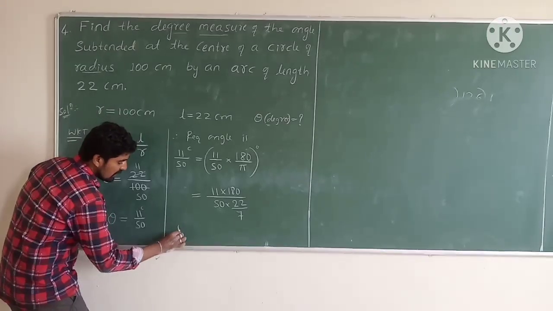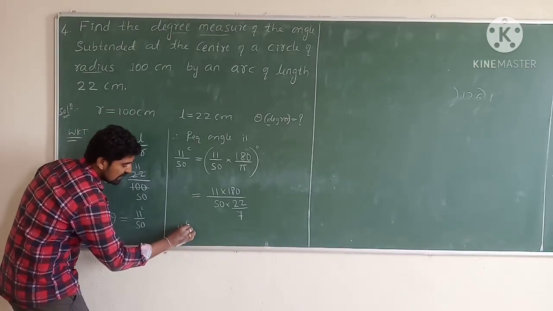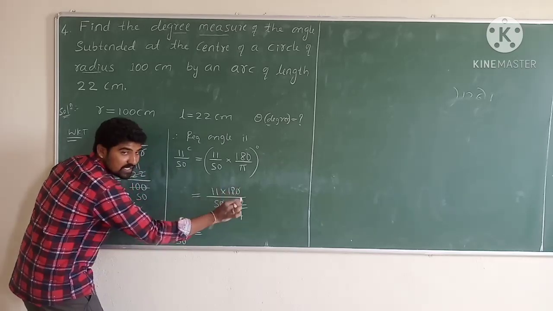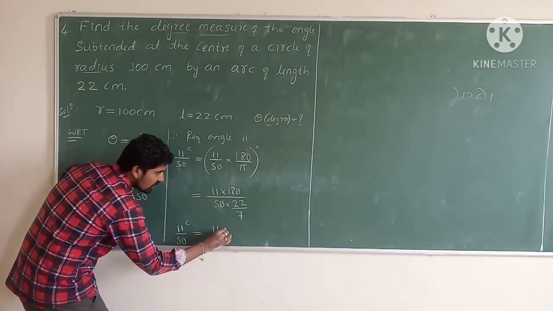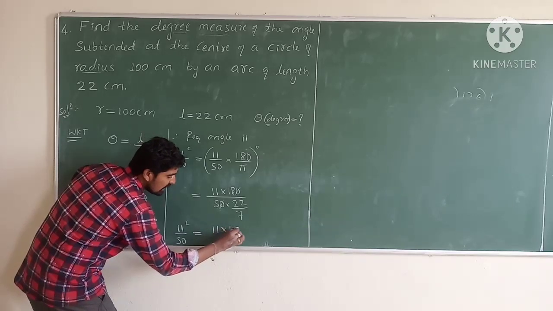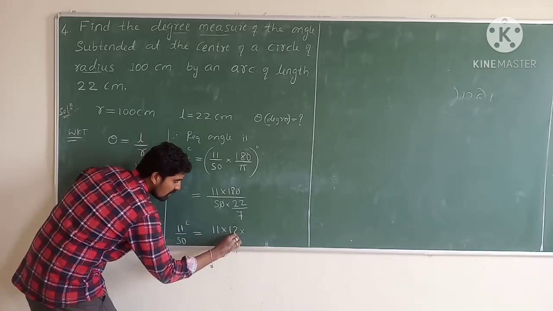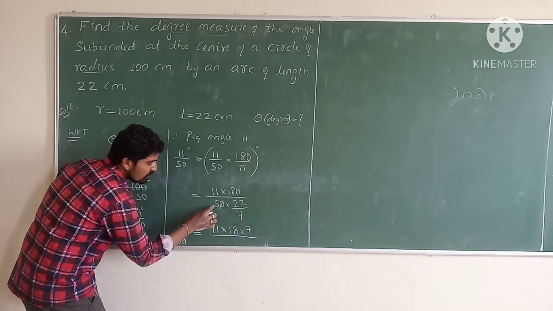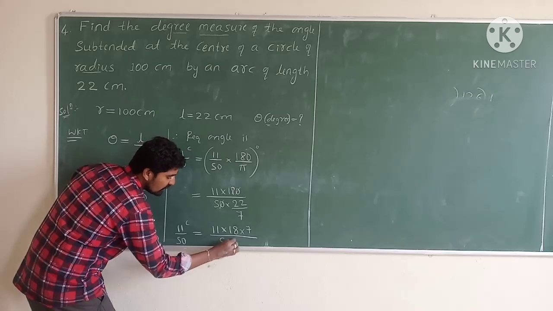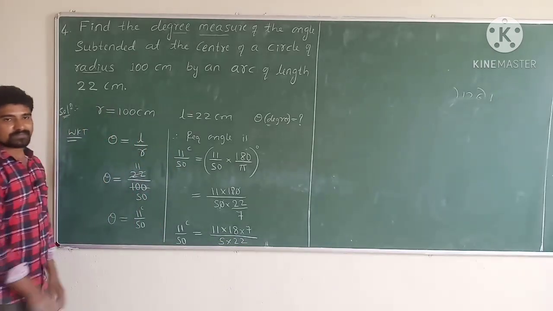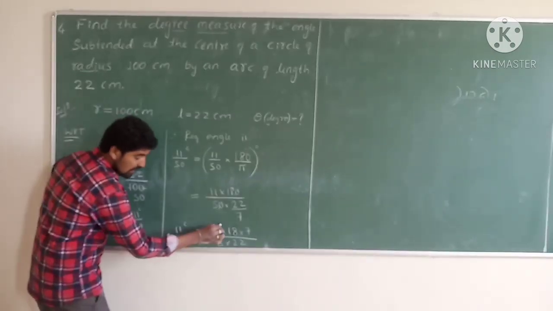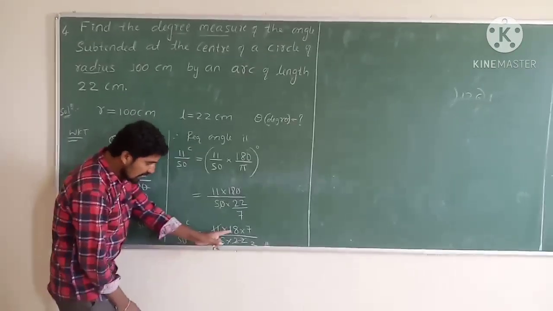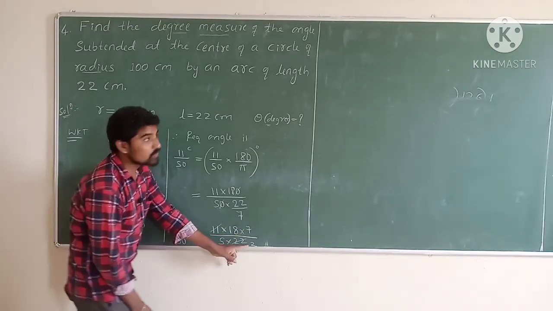Therefore 11 divided by 50 radians is equal to, so this 0 and this 0 get cancelled. 11 into 18 into 7 divided by 22 into 5 into 2. Now 11 ones are 11, 11 twos are 22, so they get cancelled. 18 into 7 divided by 5 into 2.